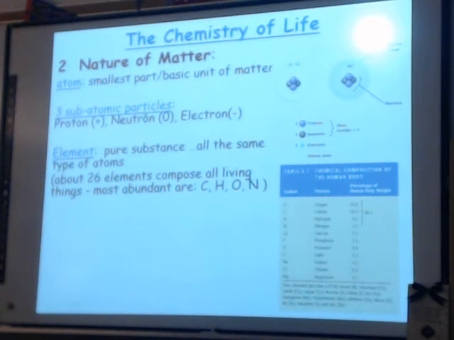Elements are pure substances, they're not a combination. So everybody learned when you were in chemistry, did you use the periodic table? Yeah. So you learned what elements were naturally occurring in the body, which ones were found outside the body and in other places.